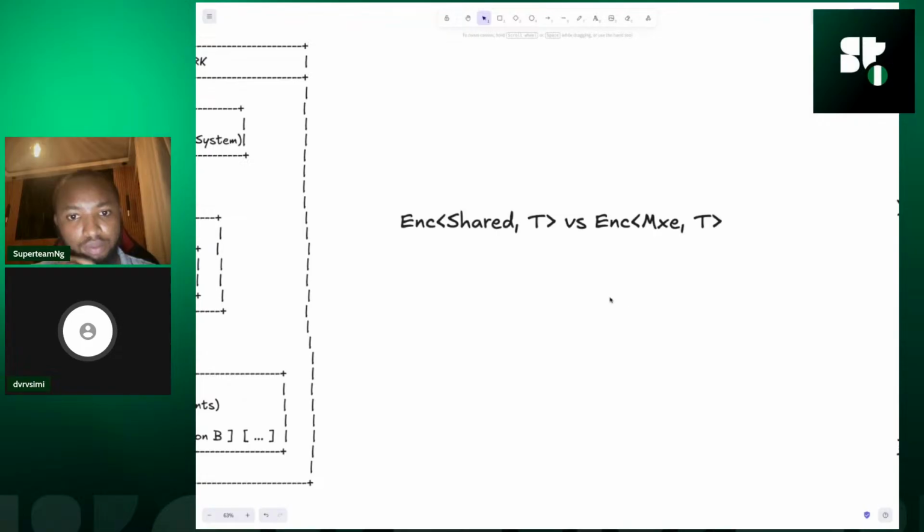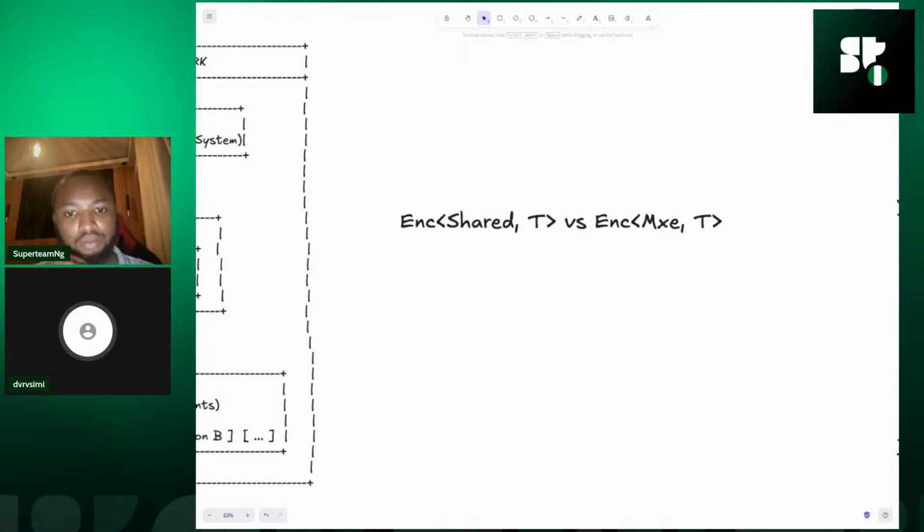For the encrypted shared type, this is something a user might want to look at frequently. Like those numbers we saw in the first function, add together: A and B are encrypted shared types. These are things you encrypt on the client side, but the user still has access to them. But if it's an encrypted MXE type, the user cannot have access to it. Let me explain what I mean.